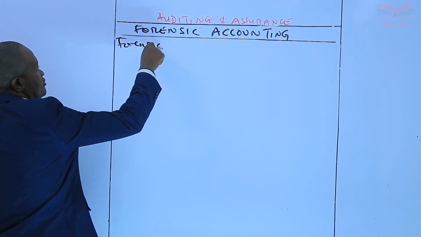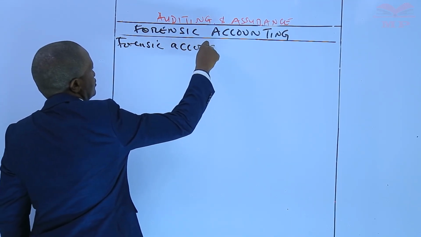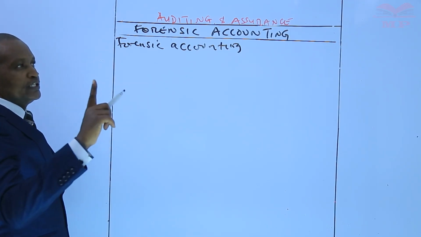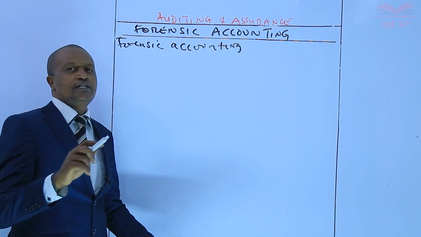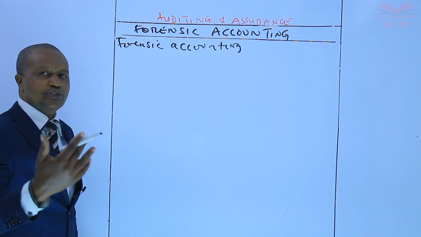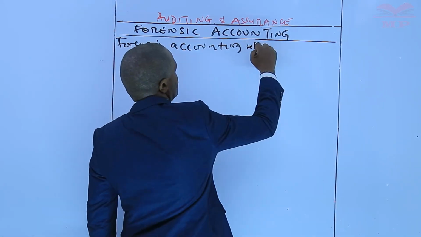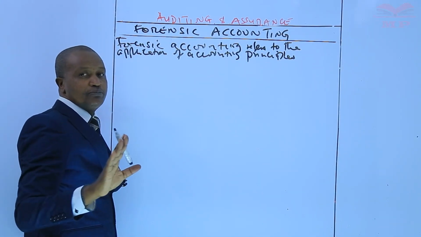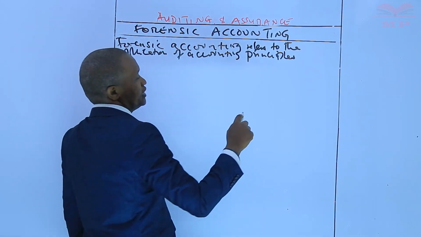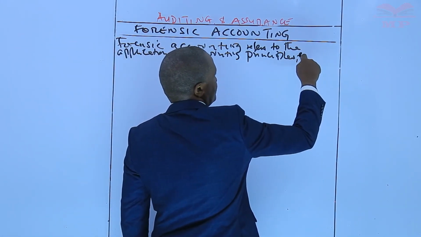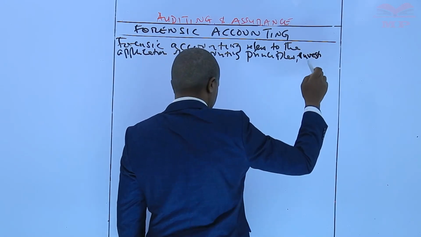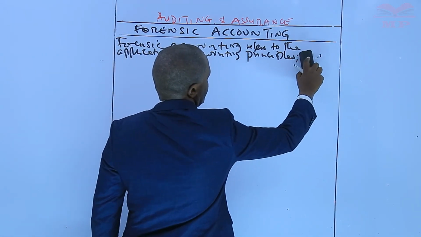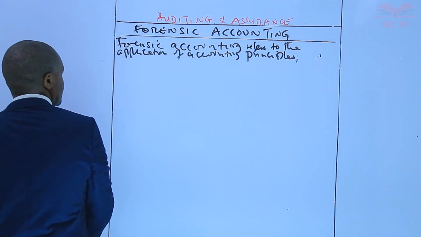Forensic accounting, first of all, refers to the application of accounting principles. Application of accounting principles, number 1. Then there is the application of investigative techniques.